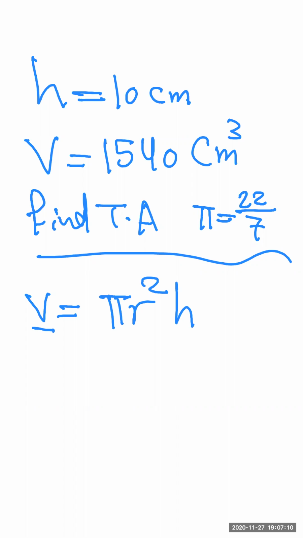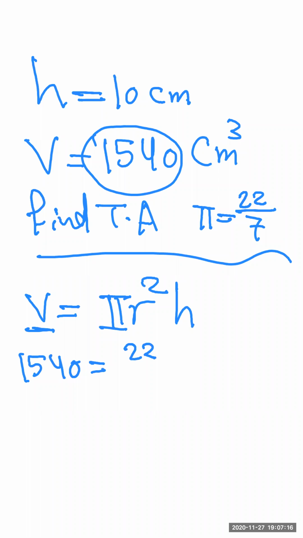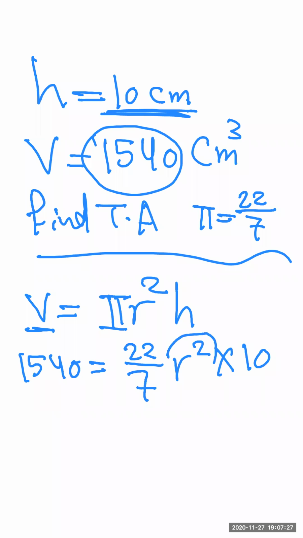So volume is given: 1540 will equal π, which is 22/7, times r squared times h, given as 10. Okay, so now I can get the radius.